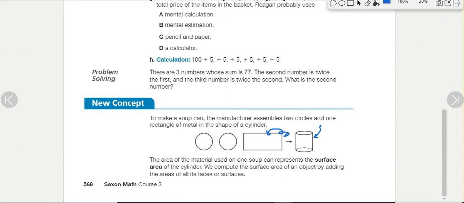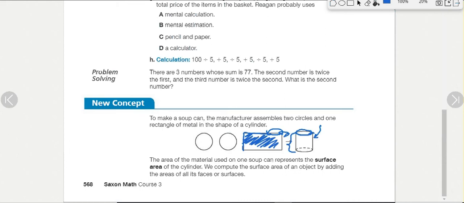So by calculating the height, which would be this side of the rectangle, times, well, what would this be if it wraps around? That's the circumference of the top or bottom. So circumference times the height of the cylinder will actually give you this square inch or whatever surface area.